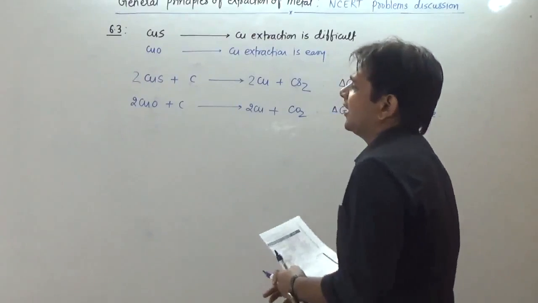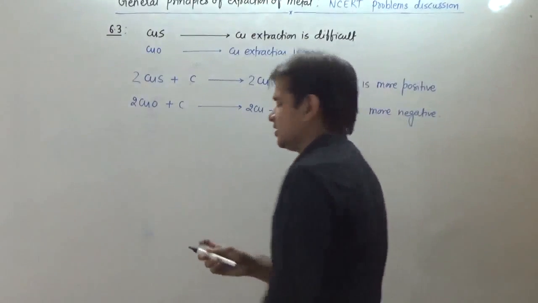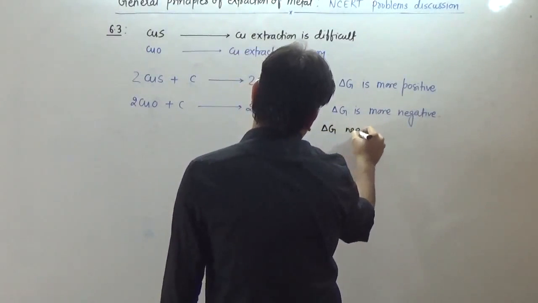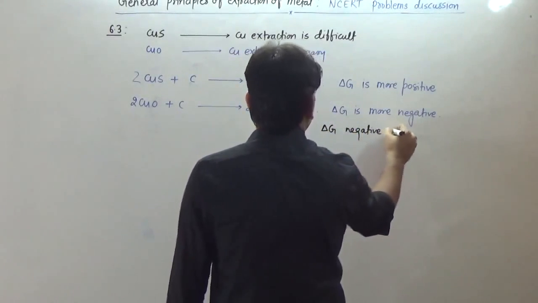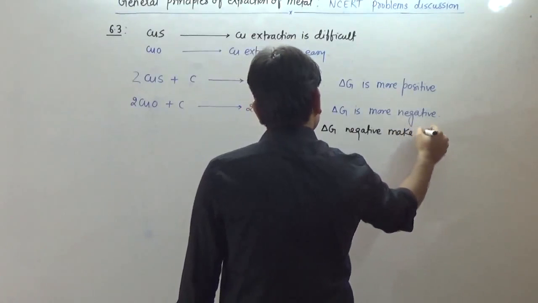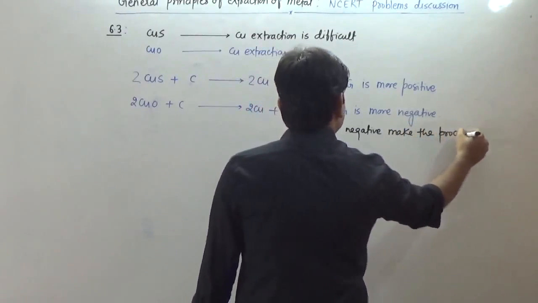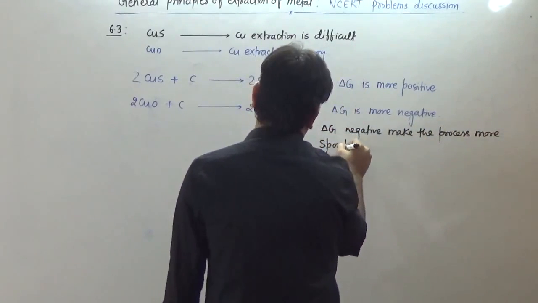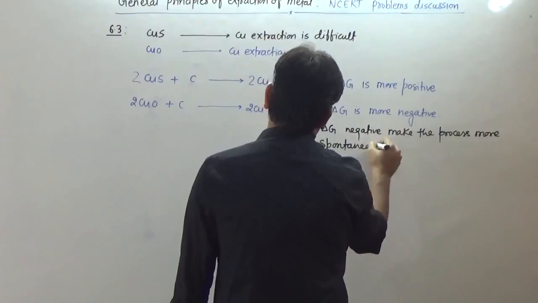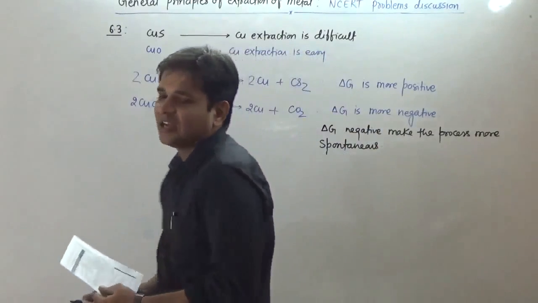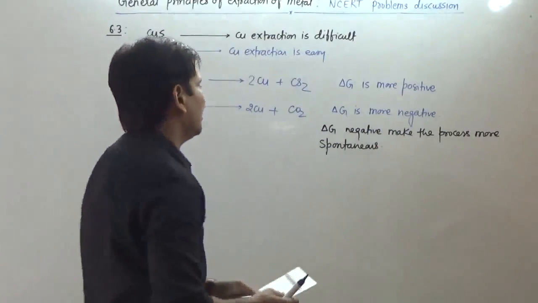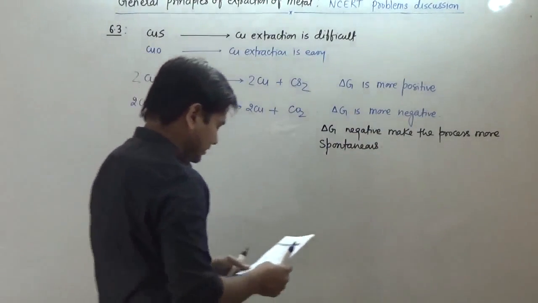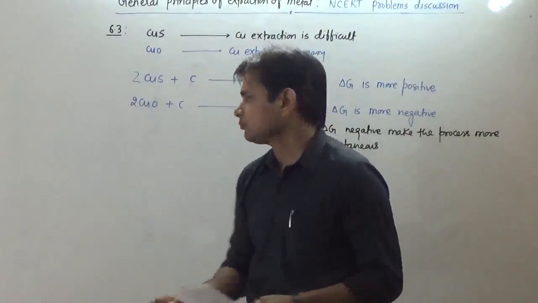And if del G is more negative, the process becomes easier. So del G negative makes the process more spontaneous, since del G negative means a spontaneous process and del G positive means a non-spontaneous process. You can see these problems in this way.